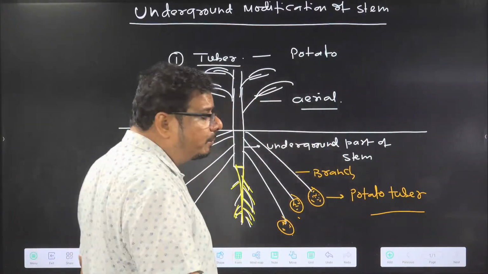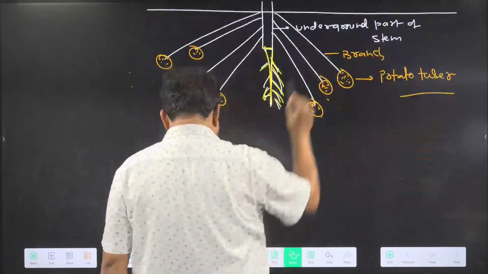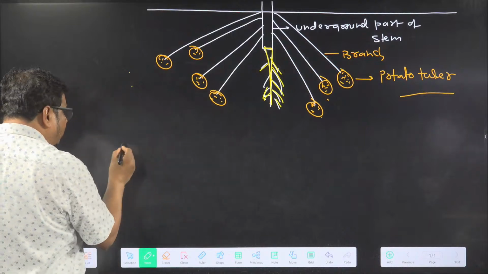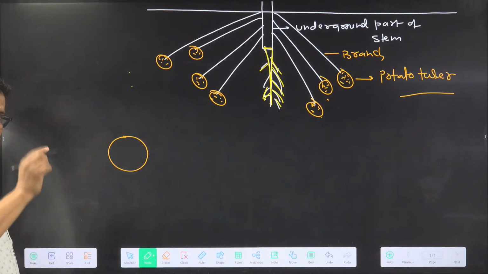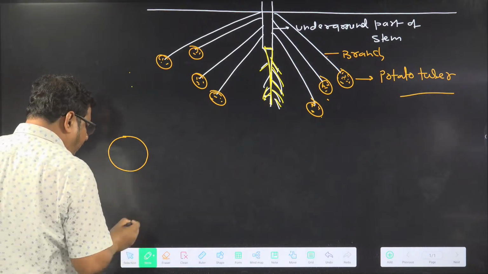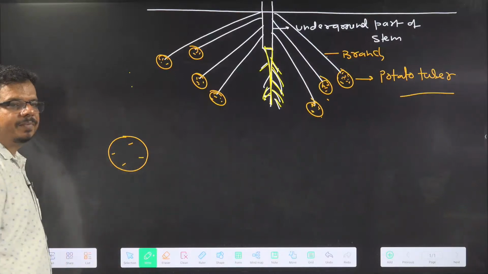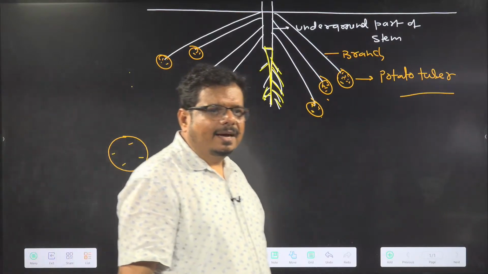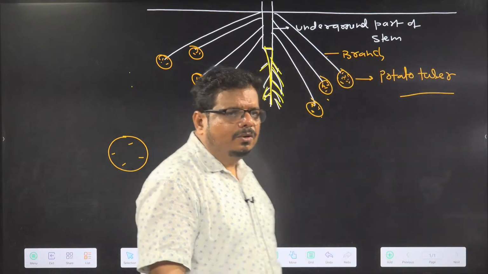Now I am coming on potato tuber. Here it is storing the food. So what is the benefit of storing the food here? Here food is there. And it is a stem. When you observe a potato, you will find scars present in the potato. These scars are nothing, they are simply nodes, and the distance between two scars is called internode.